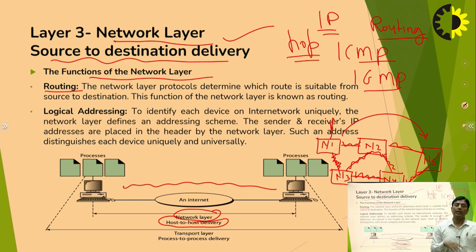Best means less delay, fewer hops, less distance, or less congestion or no congestion at all. There are a number of parameters on the basis of which we can say this is the best path. The cost should be minimum.